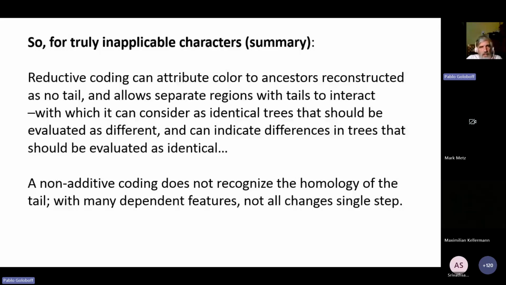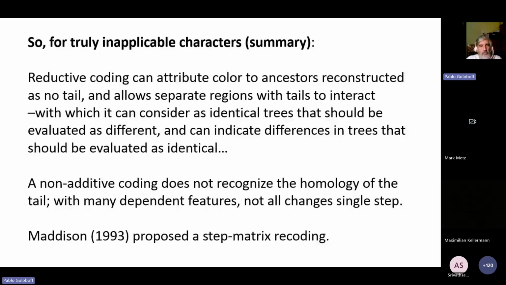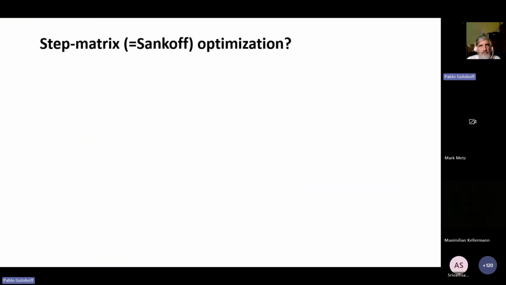The solution Madison, or a potential solution Madison proposed for this, was to use a step matrix recoding, where you consider all combinations of states. So this would apply algorithms for step matrix optimization.